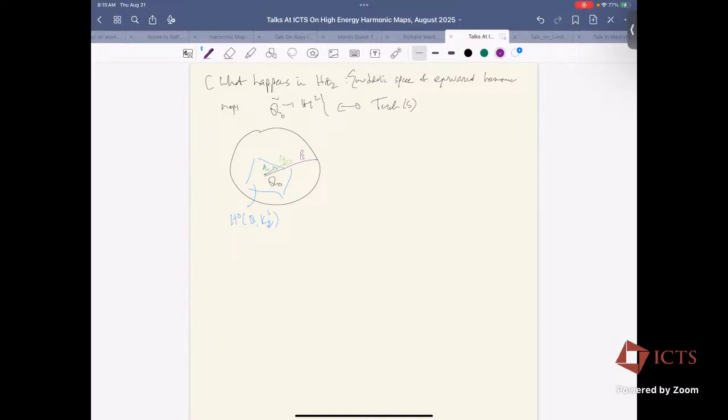So these are now hyperbolic metrics, and I am asking, what are the asymptotics of rho s, this representation from pi 1 of S into PSL 2R? And it is all supposed to involve ultimately these harmonic maps.